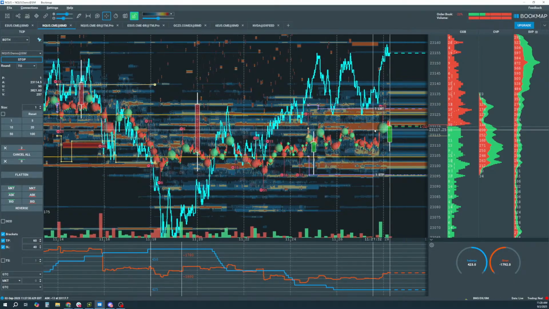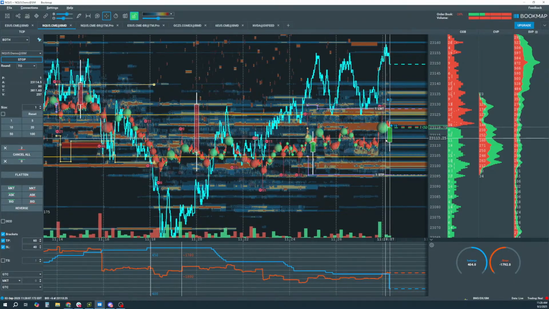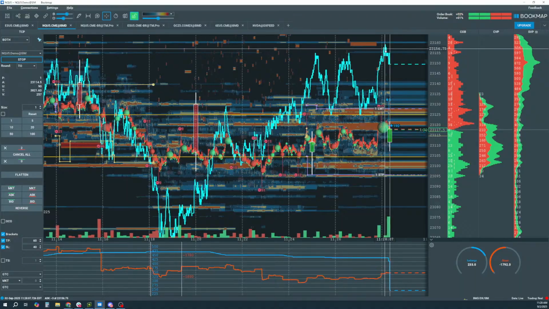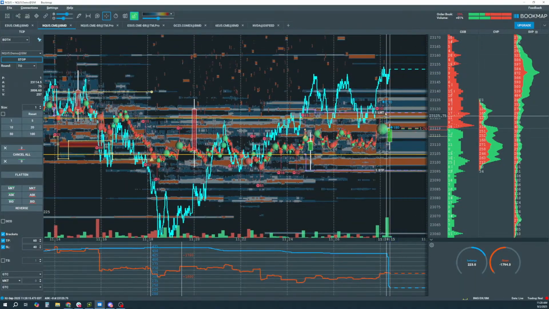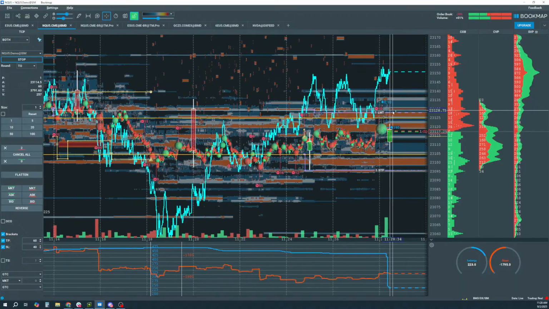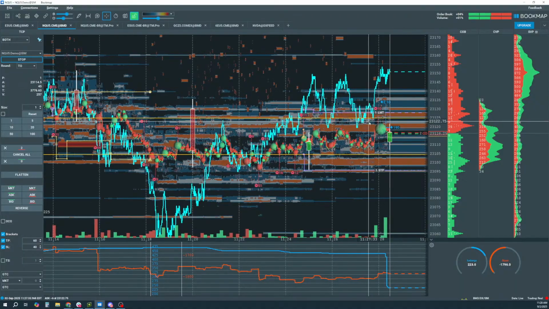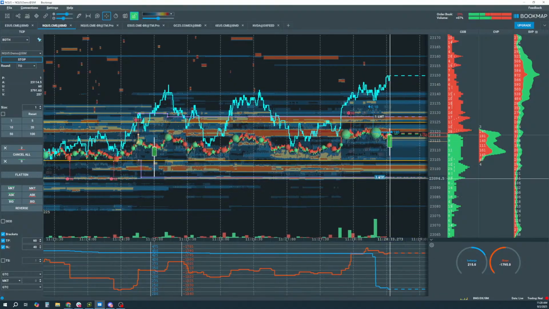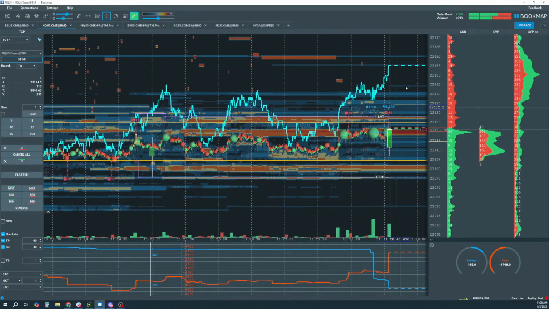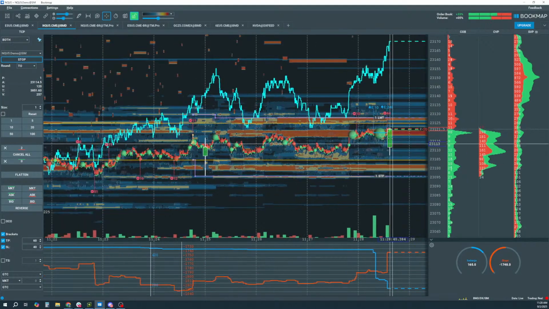Okay, and so far so good. Now let's watch this NVIDIA here in the correlation tracker, and let's see if it can push. Yep, it's pushing.